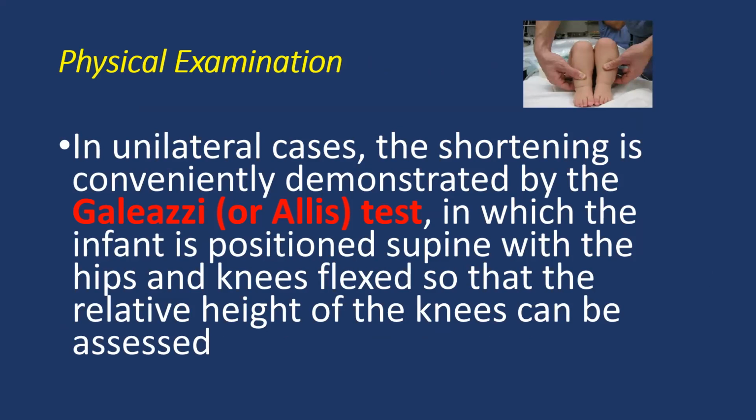Look at the picture, look at the knees, look at the level. You see, one is short. It tells you that one is dislocated. But mind you, the infant should be on a flat, rigid surface, because you can be confused otherwise.